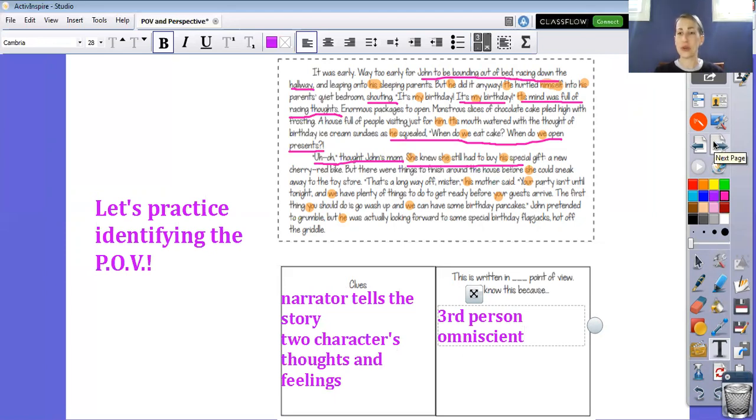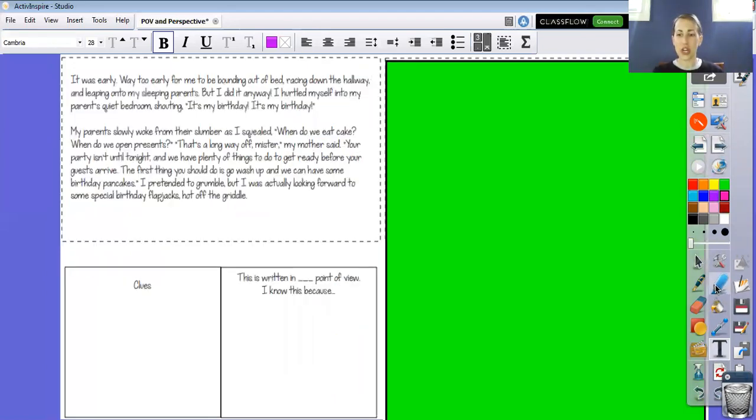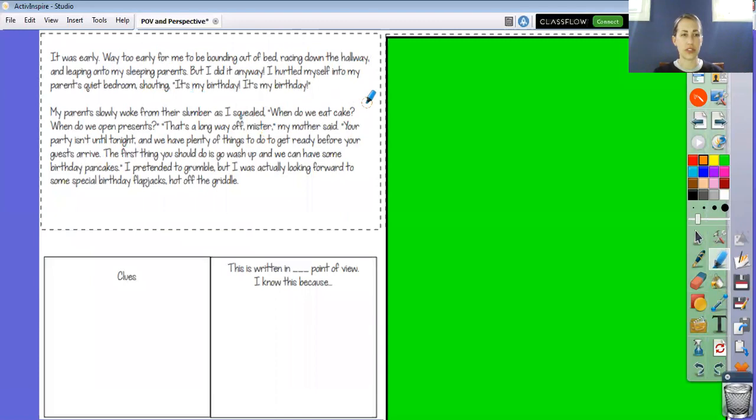It was early, way too early for me to be bounding out of bed, racing down the hallway and leaping onto my sleeping parents. But I did it anyway. I hurtled myself into my parents' quiet bedroom shouting, it's my birthday, it's my birthday. My parents woke from their slumber as I squealed, when do we eat cake?